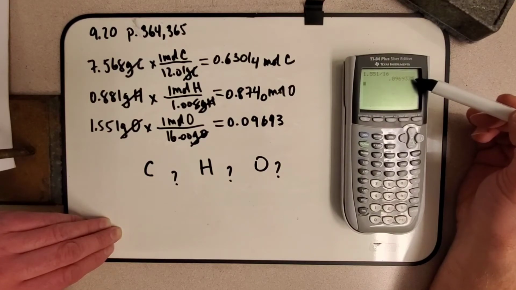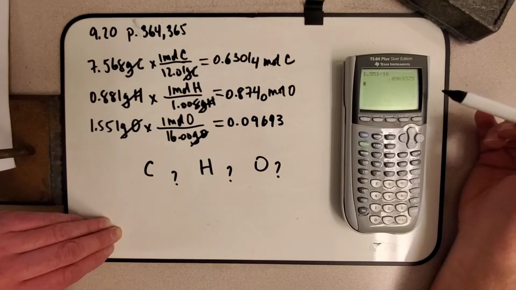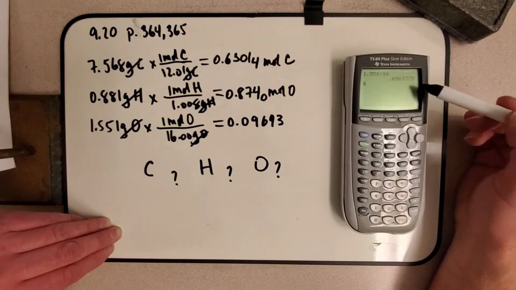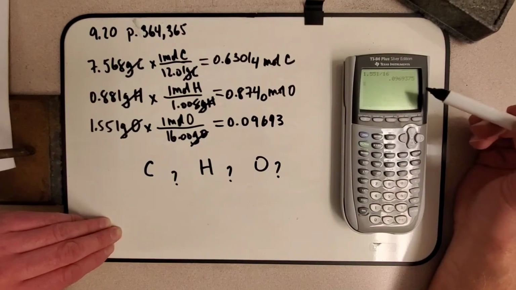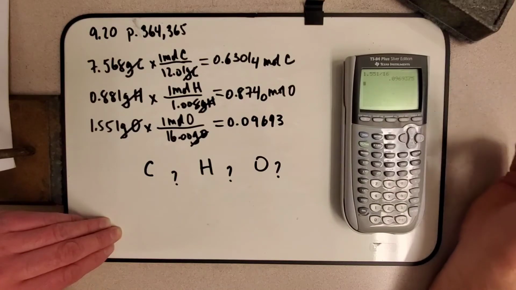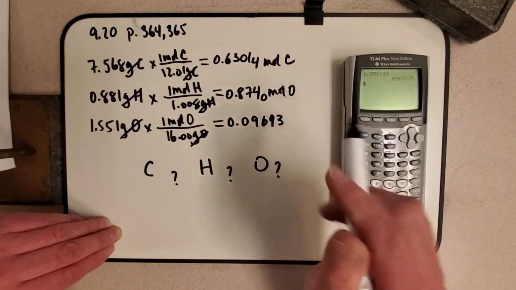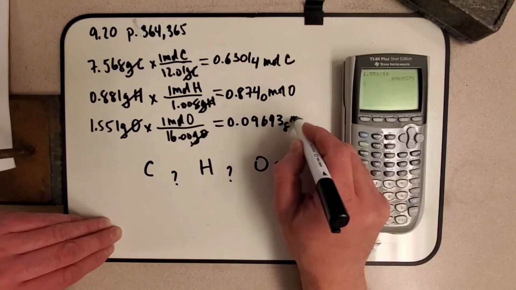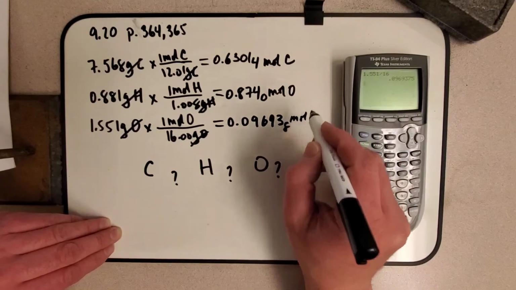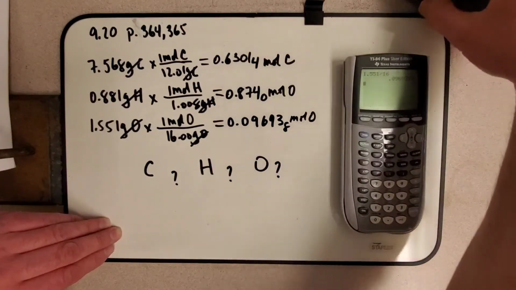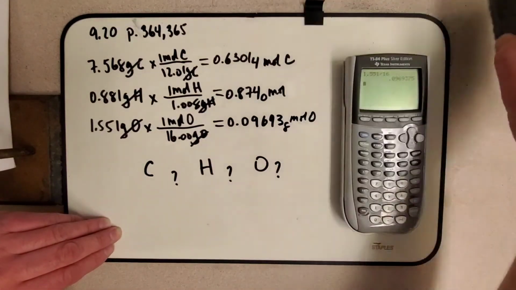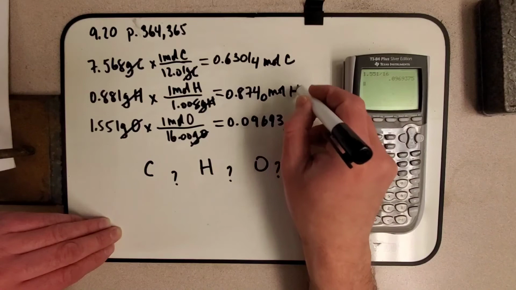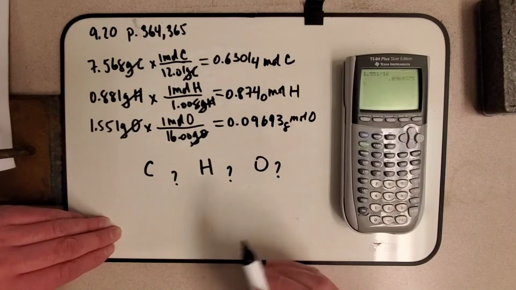Remember the even-odd rule: 5 followed by nothing, or if there's a 0 right now, I have to drop the 5 and increment this odd number to become even. So there will be a little 8 here. Moles of oxygen, by the way. Supposed to be moles of hydrogen here. My mistake.